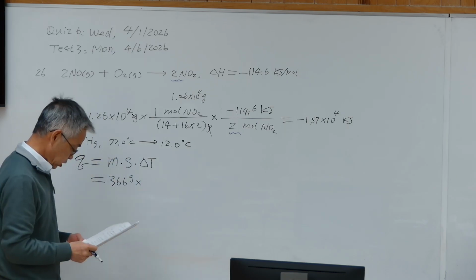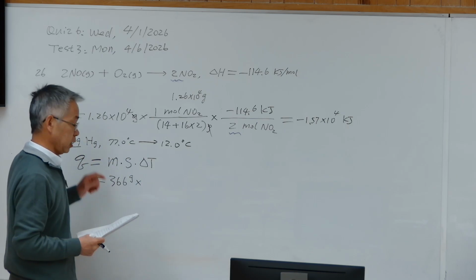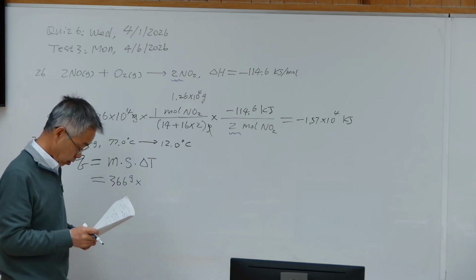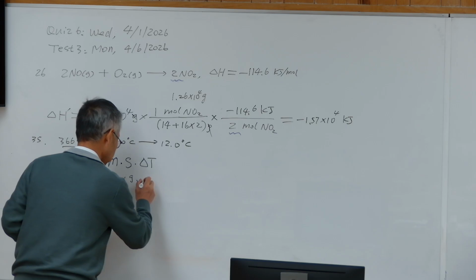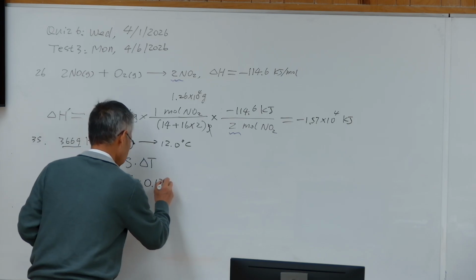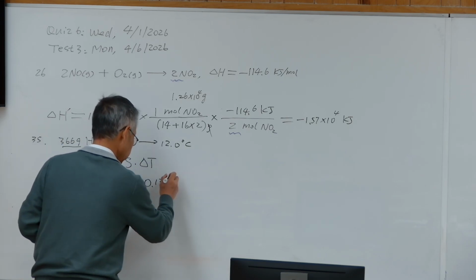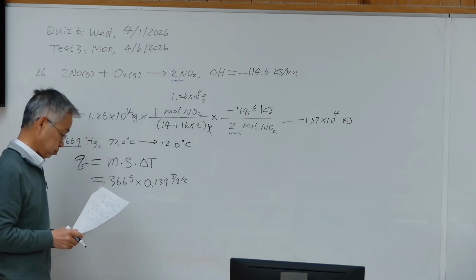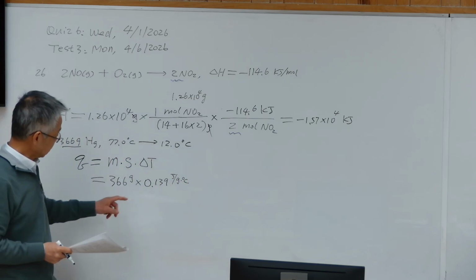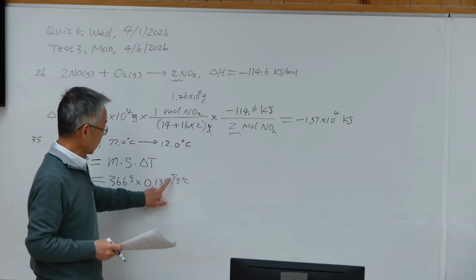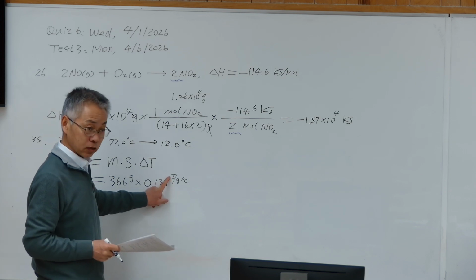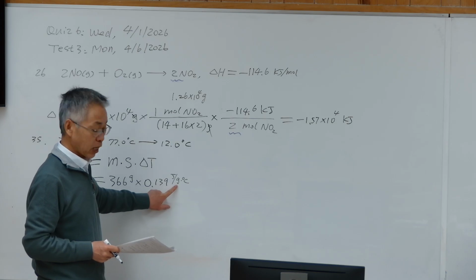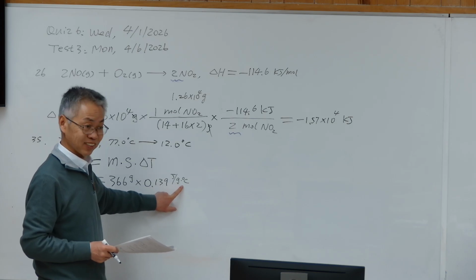The specific heat of mercury, as I said, you need to find in a table, which I will provide during the test or quiz. Mercury is 1.139, and the unit is joule per gram per Celsius degree. The specific heat means how much heat, in joules, is needed for 1 gram of this substance to change temperature by 1 degree Celsius.